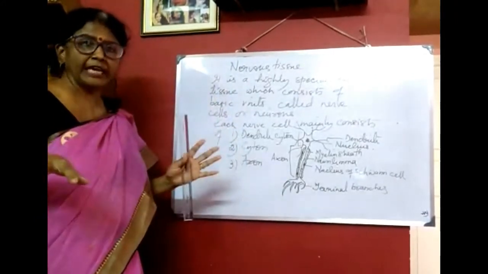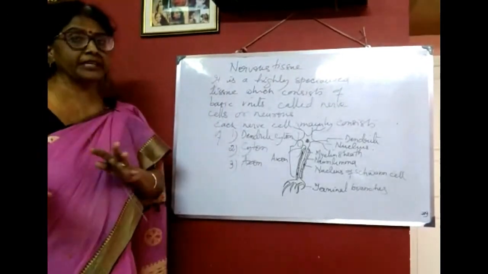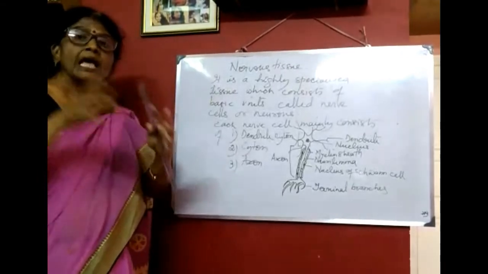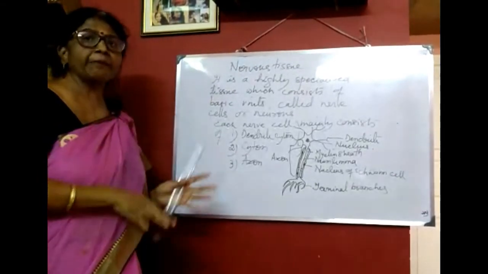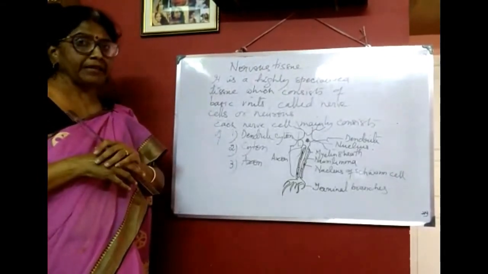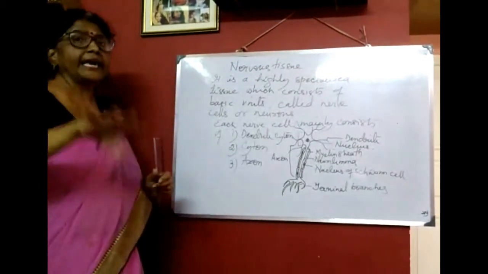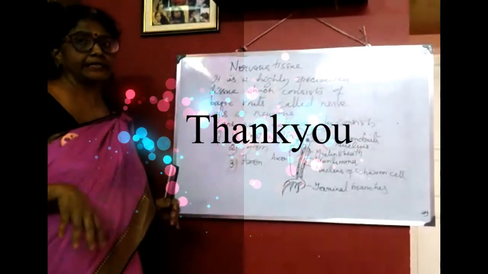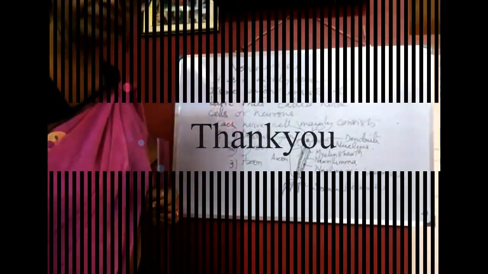Nerves are also of different types: peripheral nervous system, autonomic nervous system. The peripheral nervous system has the spinal nerves, cranial nerves, and the autonomic nervous system has the sympathetic nerves and the parasympathetic nerves. Like this, we can again divide the nervous system into different organs and tissues. Okay, thank you.